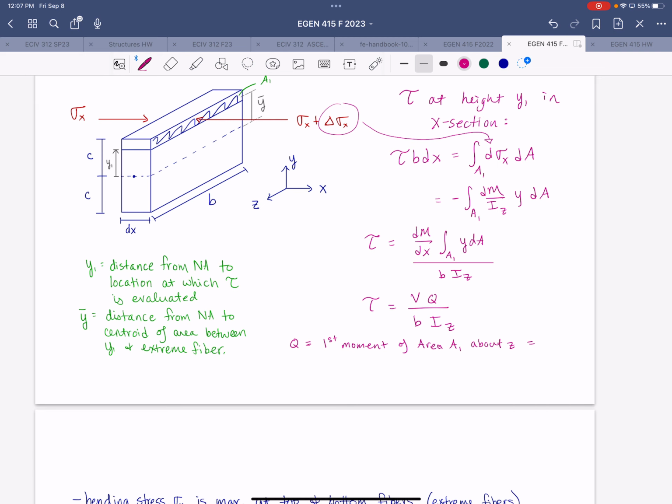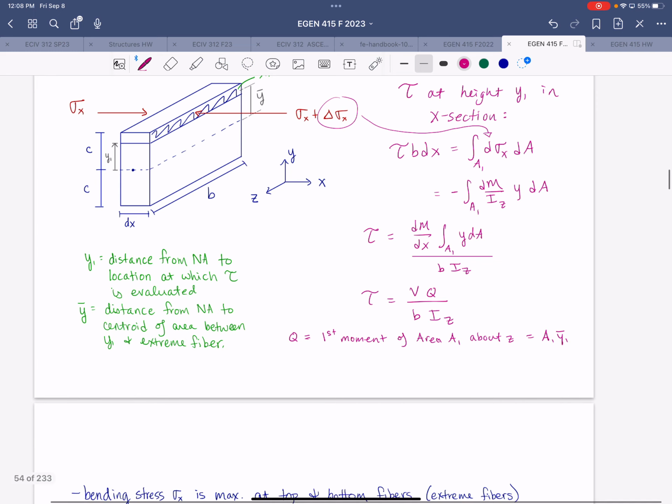But that's essentially equal to A1 times y bar, or we can call it y1 bar, where y1 bar would be the distance from the neutral axis to the centroid of that area A1, right? So we can define that as (c plus y1) over 2.